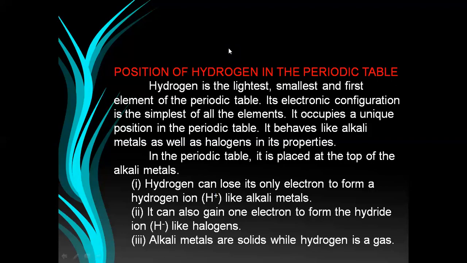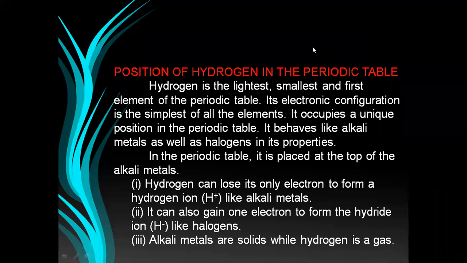But hydrogen does not react with water, though it behaves somewhat like alkali metals, but this property is known as halogens. So it occupies a specific place in the modern periodic table.